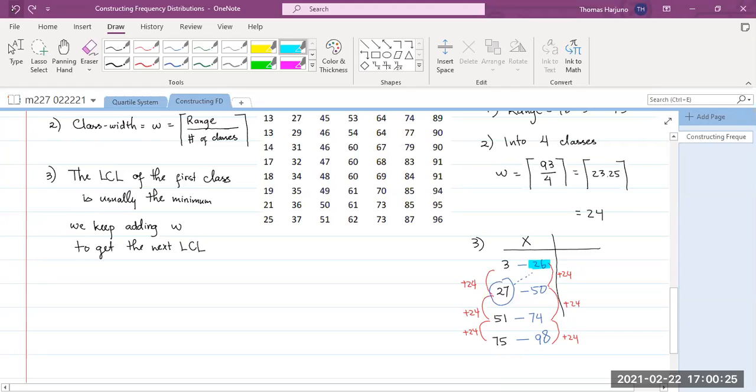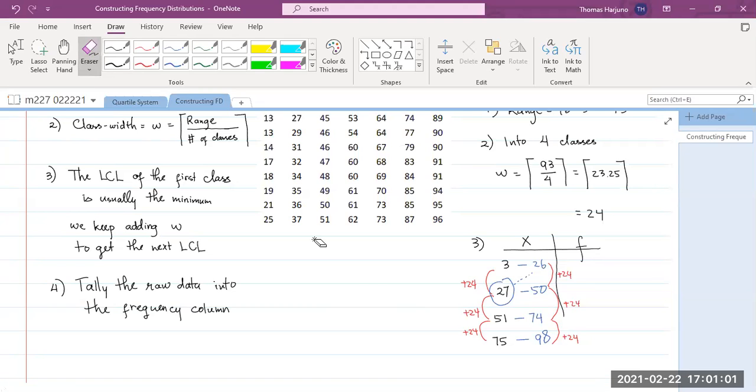Now then, the last step is to do the tally. Tally the raw data into the frequency column. Let me delete the red colors so that it's not annoying us.